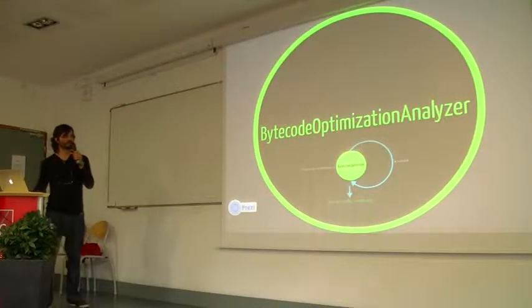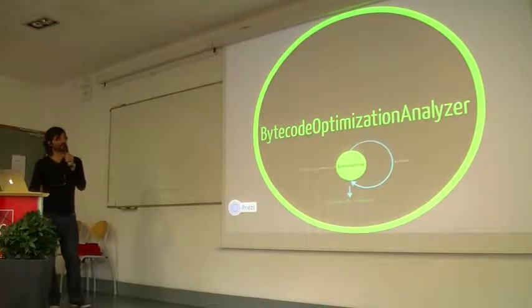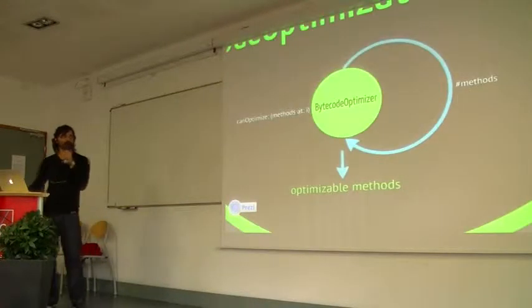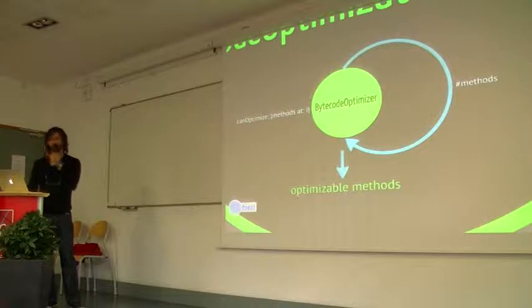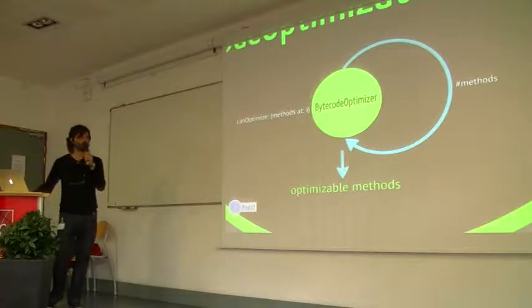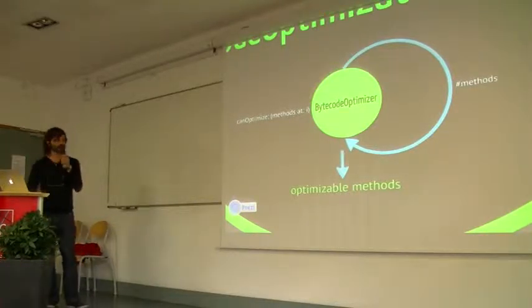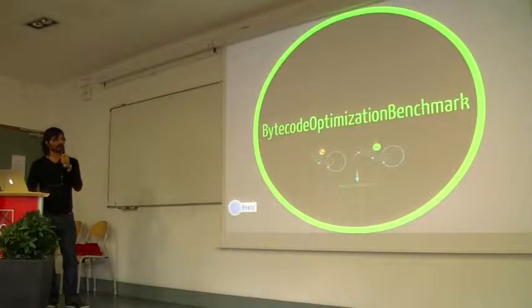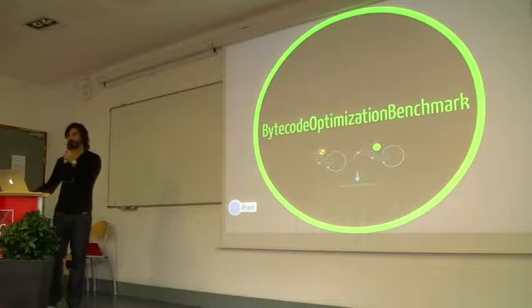The first is a simple object, which is called Bytecode Optimization Analyzer, which is in charge of, given a bytecode optimizer and a set of methods, just telling which of those methods are optimizable.